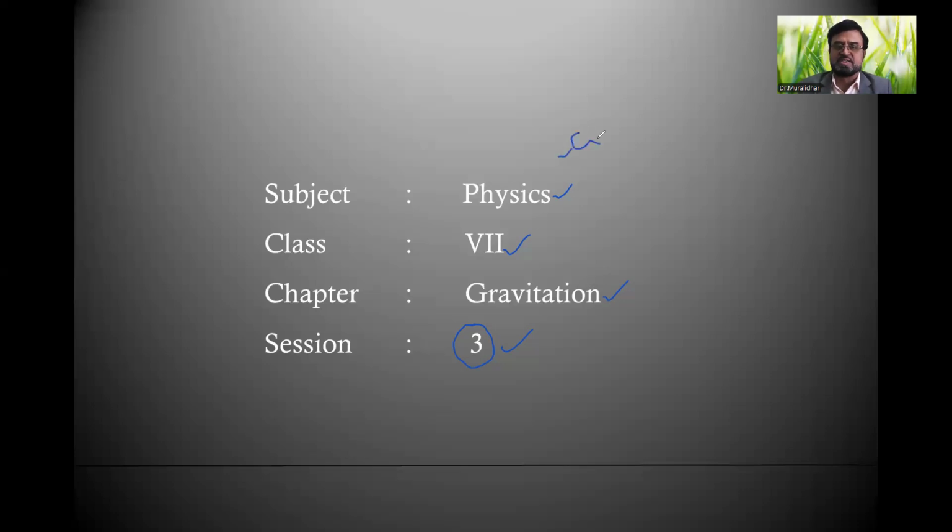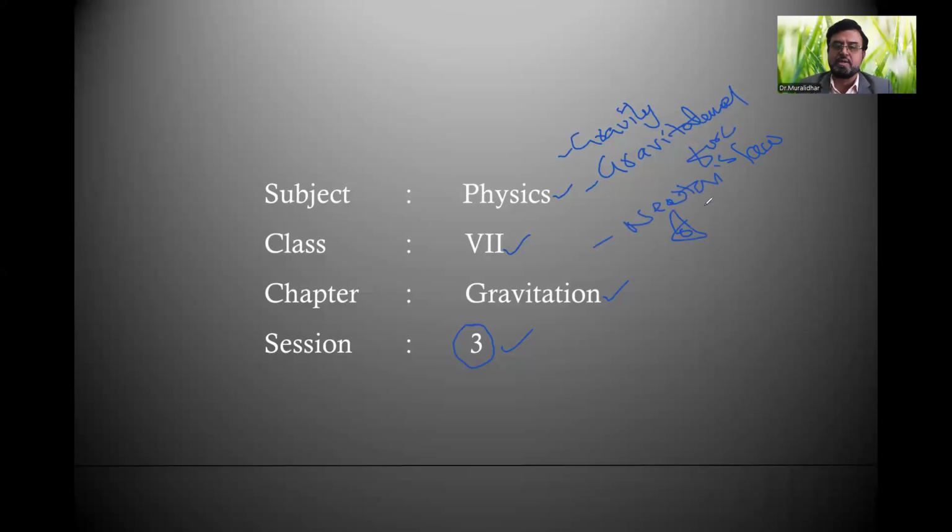So what we learned is, in the first class, what is gravity, what is gravitational force, right? Then what is Newton's law, which explains the factors influencing the gravitation.